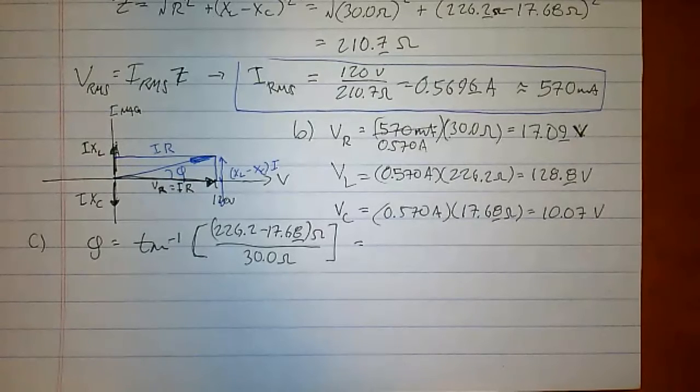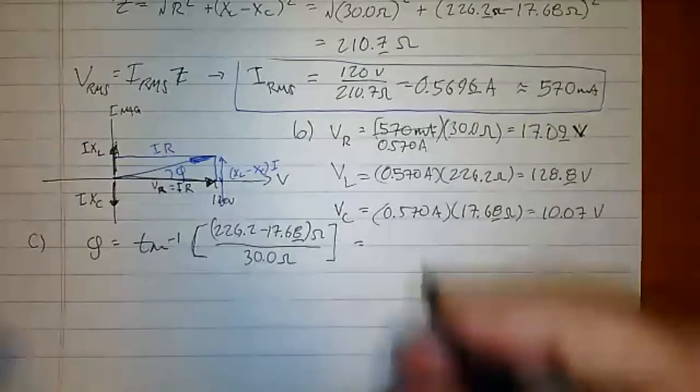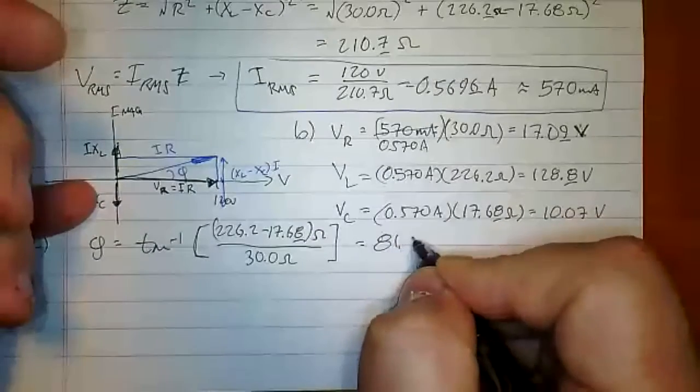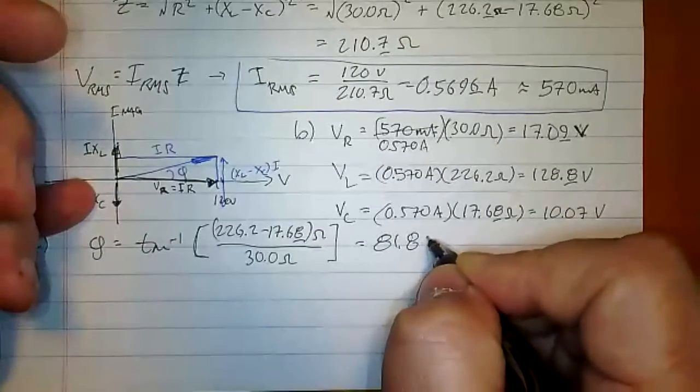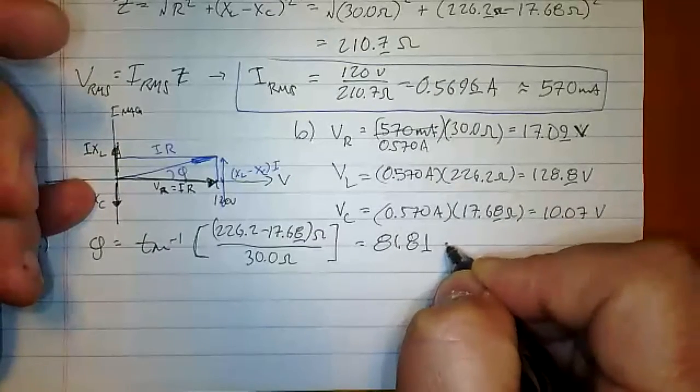So I get 6.95 is what I'm taking the inverse tangent of. So I take tangent inverse. 81.81 degrees.